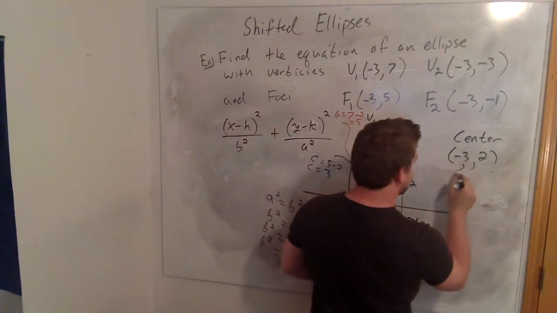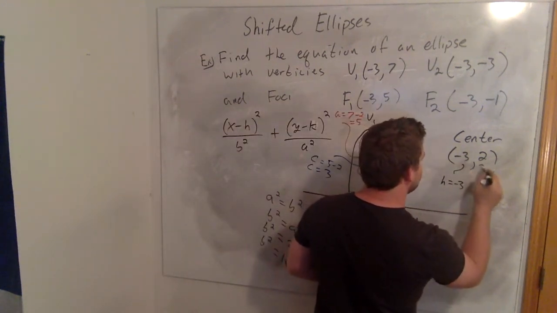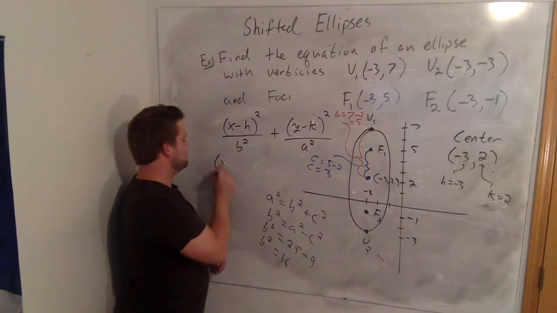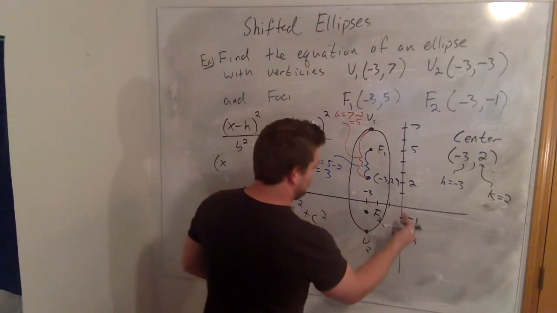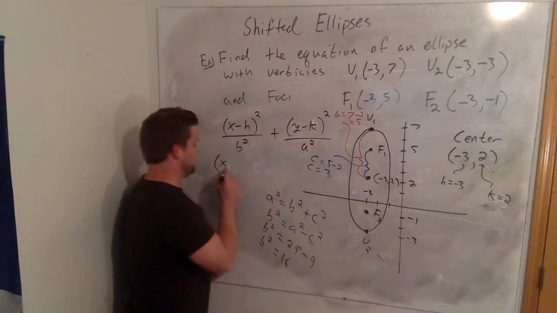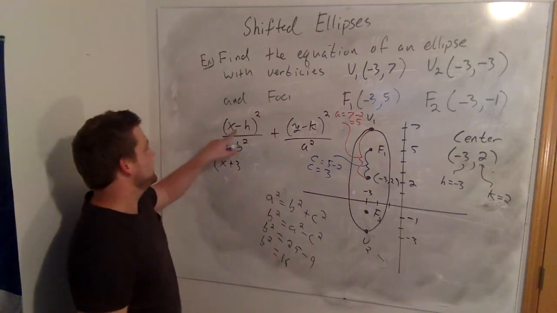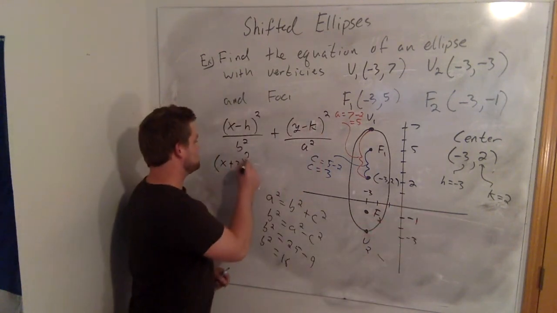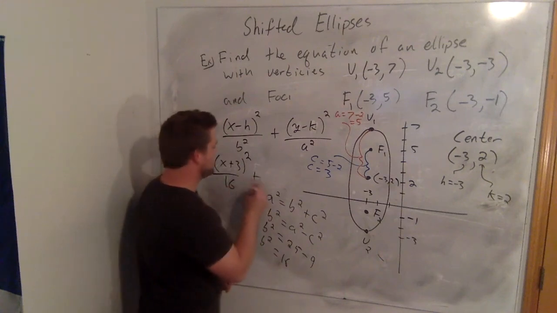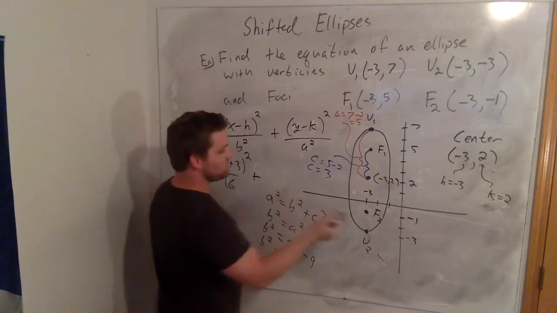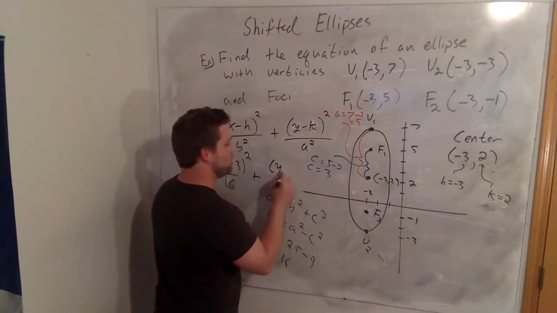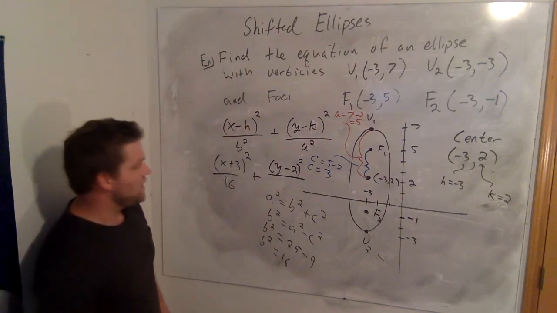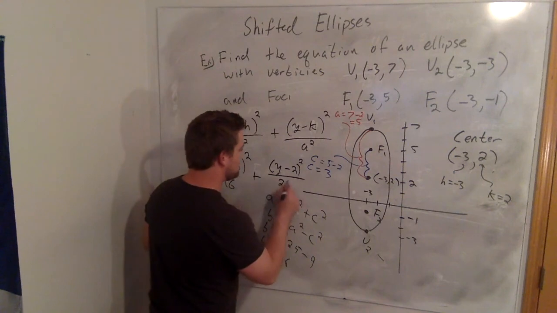This being the center, our h is negative 3 and our k is 2. So the equation will be, since we're shifting to the left 3 units, an x plus 3, or x minus negative 3, which is x plus 3, squared over b squared, 16, plus y minus 2, since we're shifted up 2 units, squared over a squared, our a was 5, so 25, equal to 1.